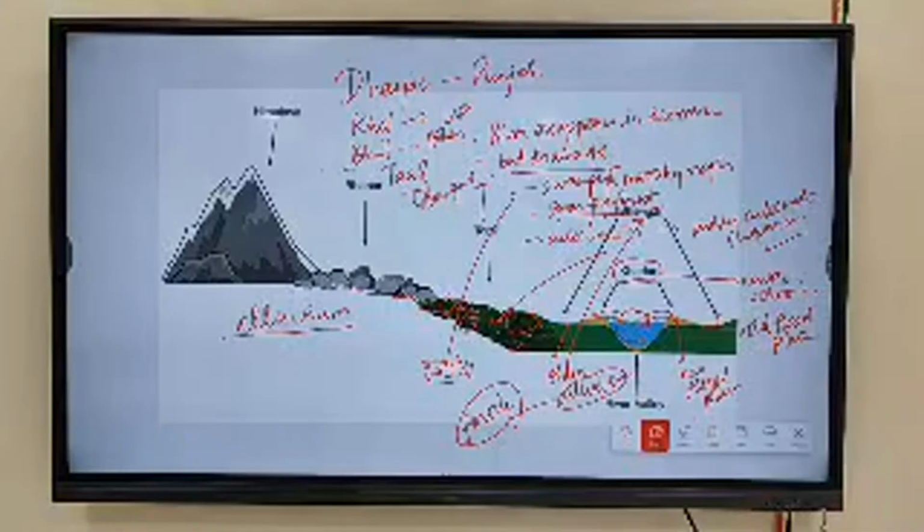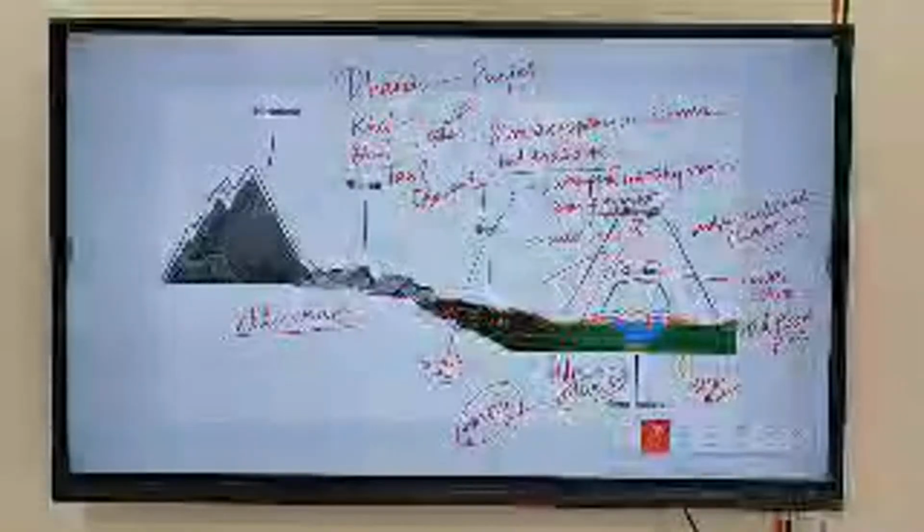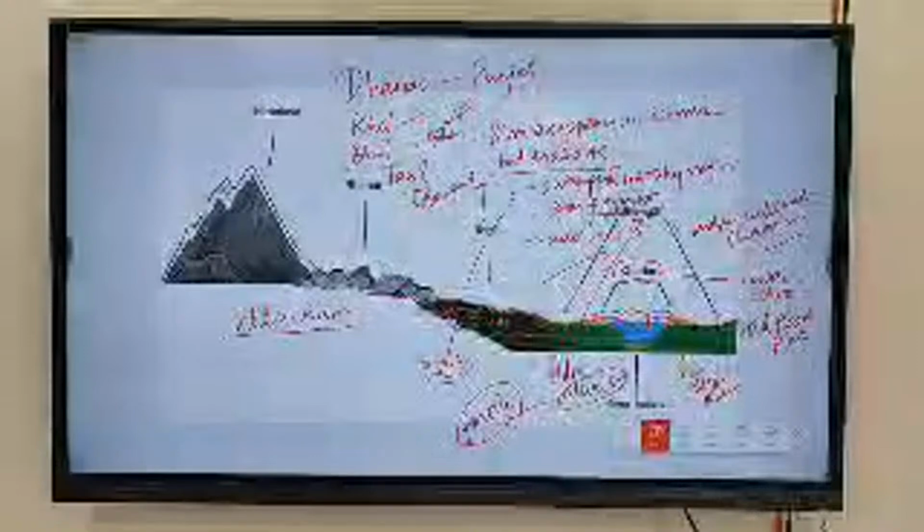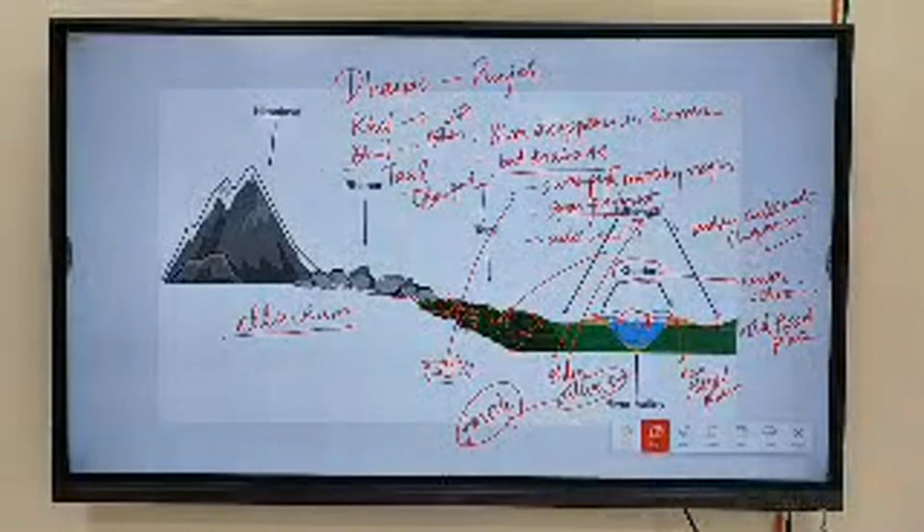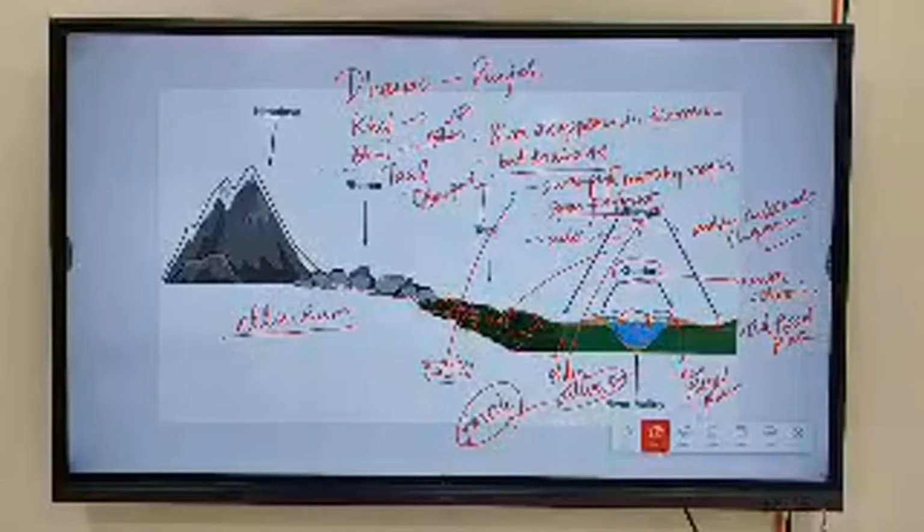So this is the different division that you find with regard to northern plains. These are referred to as the north-south division. The north-south division is Bhabar, Tarai, Khadar and Bangar. Bhabar is where the river is disappearing, and there is a lot of boulders, high permeability and high porosity.